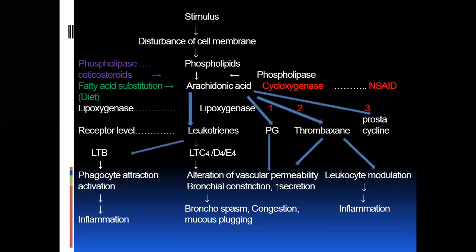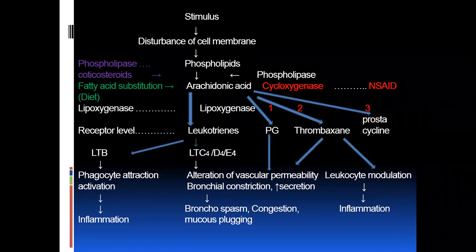Now, the anti-inflammatory mechanism of action. How does anti-inflammatory action occur due to these drugs? First of all, there will be a stimulus for the inflammation. After the stimulus, disturbances occur in the cell membrane, and the cell membrane is made up of phospholipids.